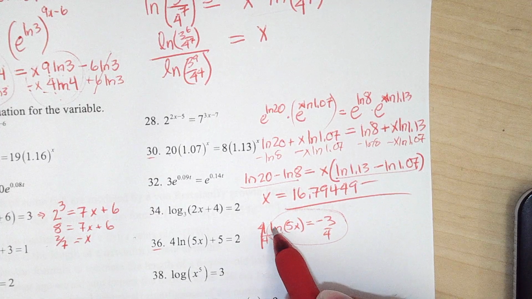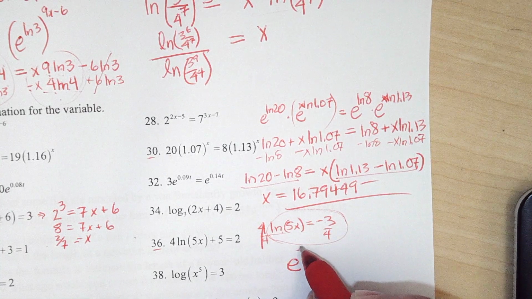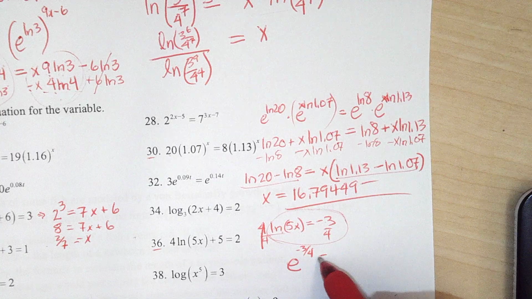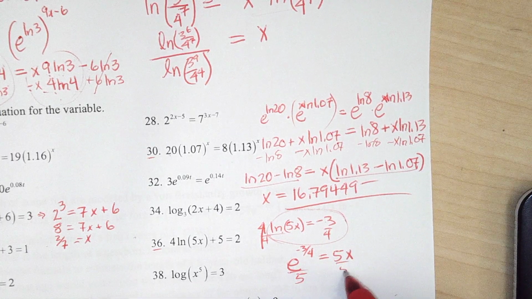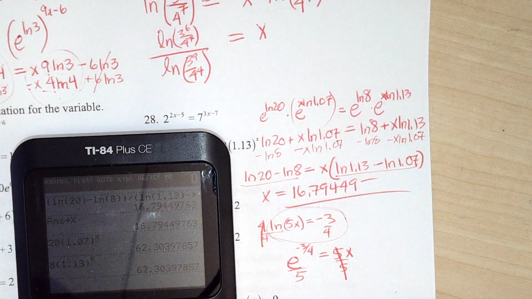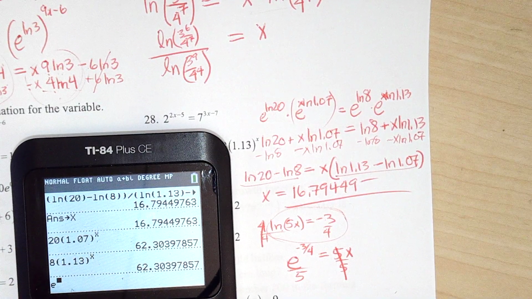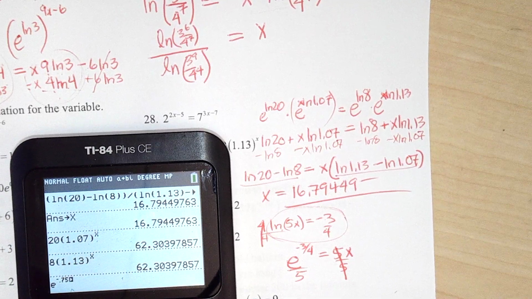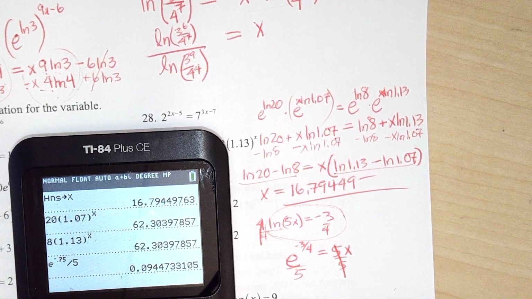The base on ln is e, so we have e to the negative 3/4 is 5x. So if we divide by 5, this is the exact answer for x. The approximate answer is e to the negative 0.75, negative 3/4, divided by 5. There's the decimal answer, 0.09447.